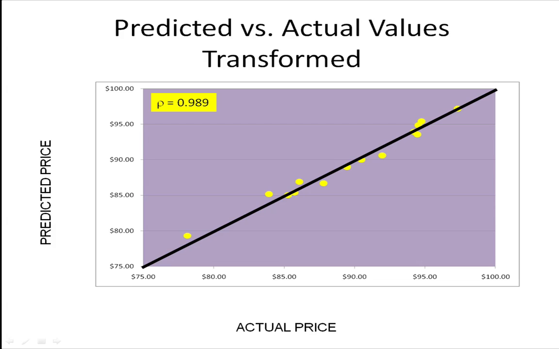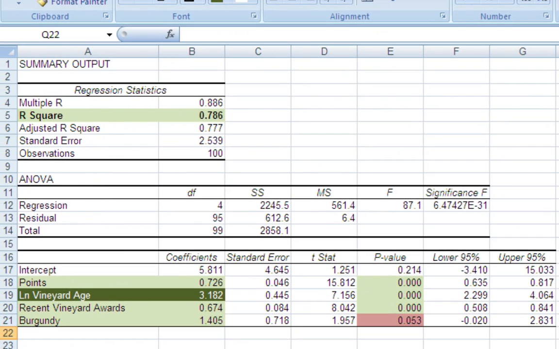The regression based on the logarithm of the vineyard age is slightly better theoretically. It performs slightly better. However, it has one downside. The downside is of a practical nature. The coefficient for the vineyard age is $3.18. But $3.18 for what? $3.18 per logarithmic year.